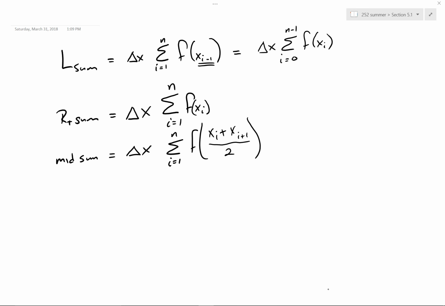Now, pay attention to this. This is how I would write it. Your book, I think, writes it more like this, where they use j for some unknown reason, and I don't really honestly know why. It doesn't make any difference how you go about it. So they use x sub j plus 1 divided by 2. They're identical. Whatever makes you happier makes me happier.